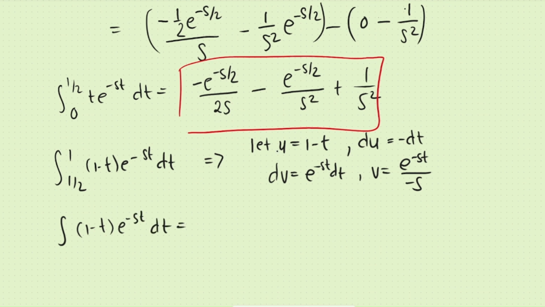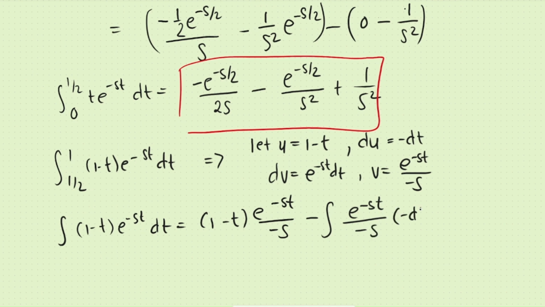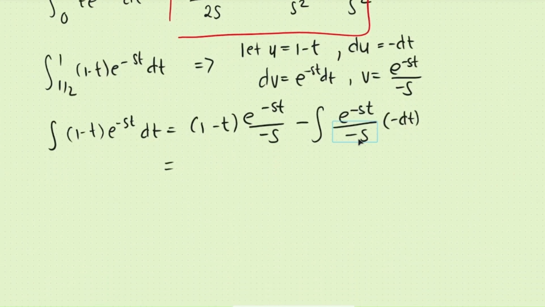It is equal to u times v, (1 minus t) e to the negative st over negative s, minus the integral of v du. So this is our v, e to the negative st over negative s, times negative dt, because du is negative dt. So there's a lot of negatives. You should take care of those signs because they're a little bit tricky.